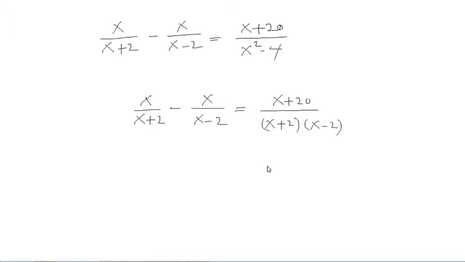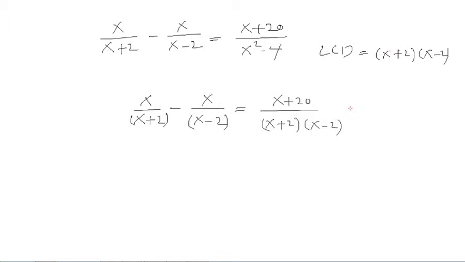As you can see, the least common denominator of these three denominators is x plus 2 times x minus 2, because the least common denominator should contain all the factors present in all the denominators, and in this case we only have two factors: x plus 2, present here and here, and x minus 2, present here and here.